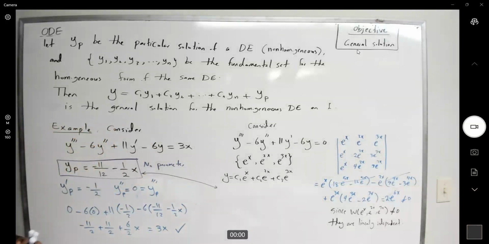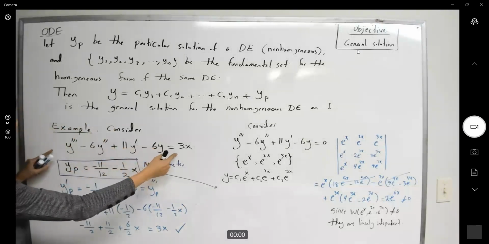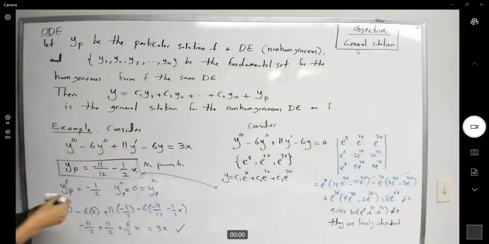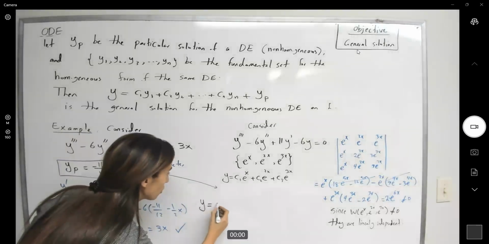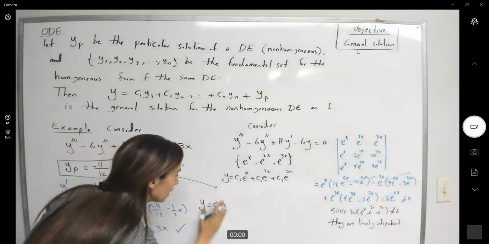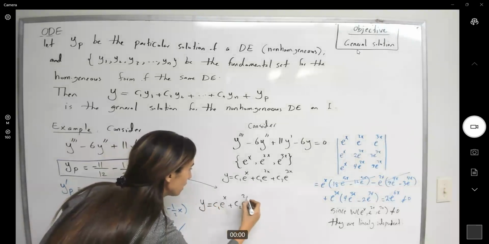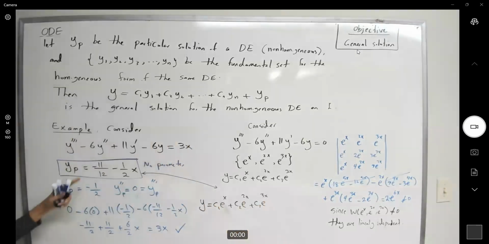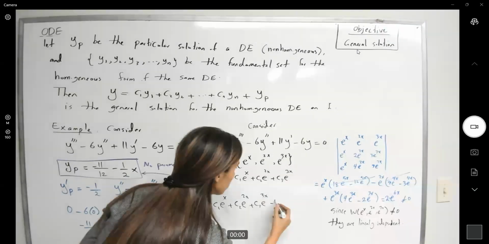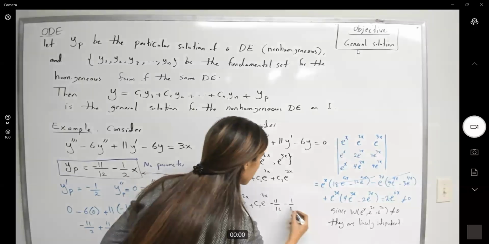So the general solution for this non-homogeneous differential equation is y equals c1 e to the x plus c2 e to 2x plus c3 e to 3x minus 11 over 12 minus a half x.